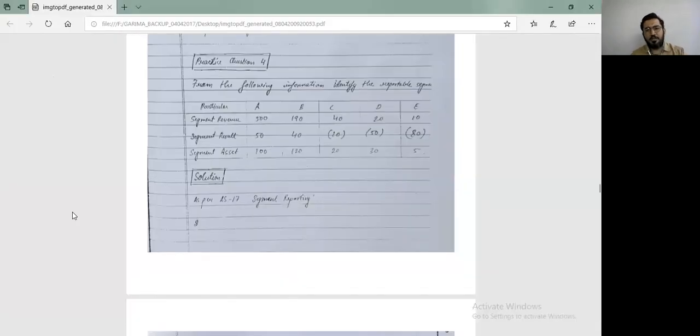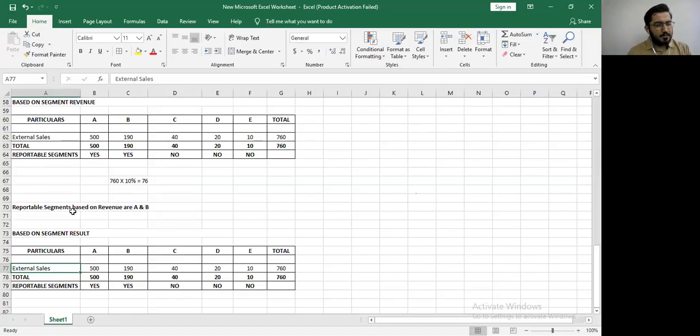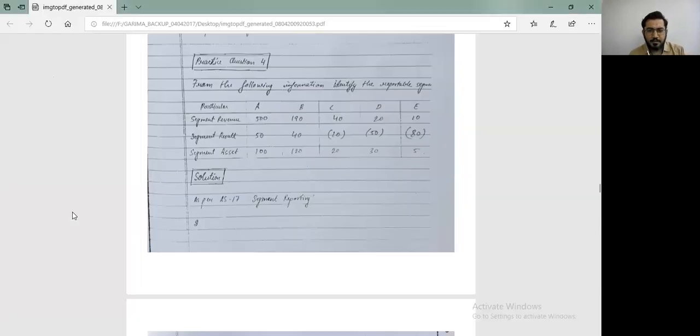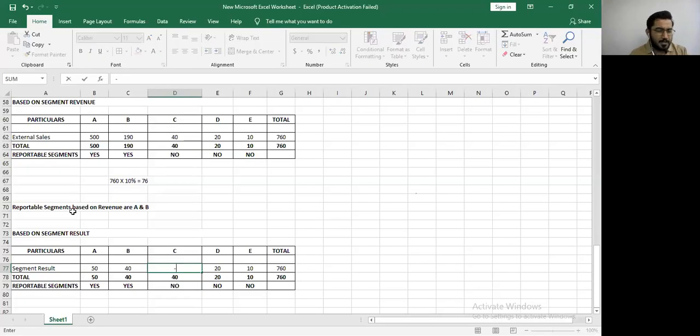You have 50, 40, minus 20, minus 50, minus 80 as segment result. You do not need the total column over here.